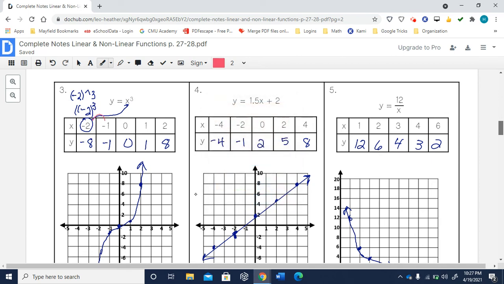If you look here on the top of this table, this was +1, +1, +1, +1. But here from -8 to -1 was +7. Then here we had +7, +1. And we had +1, +7.